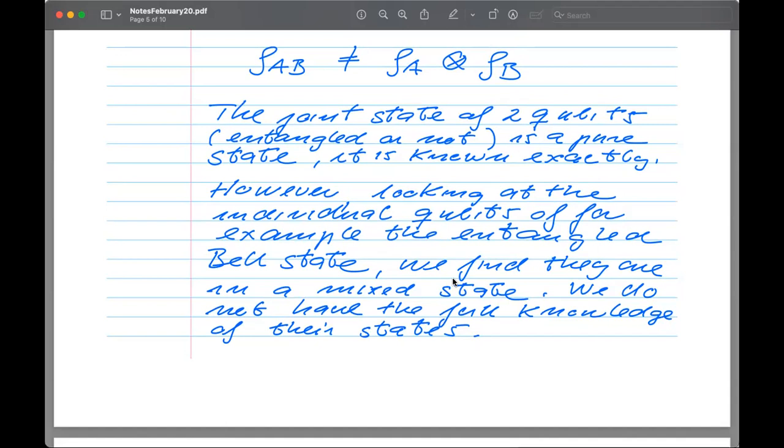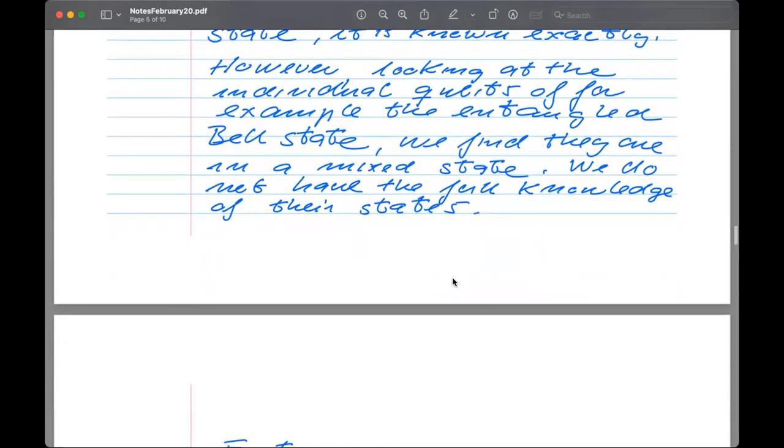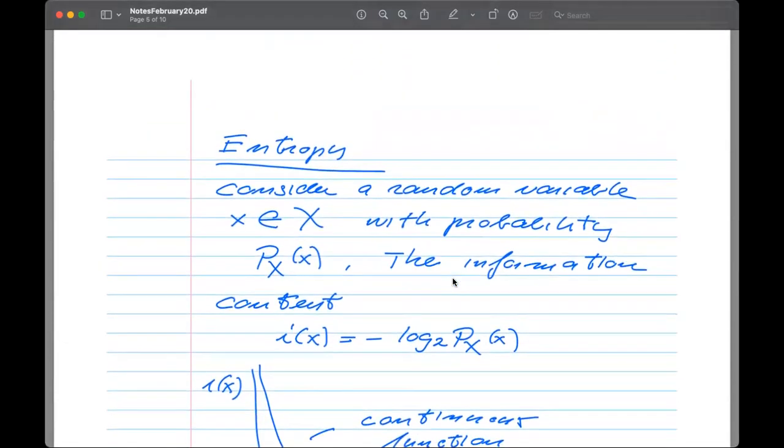And that's why we would define this as a mixed state. If we have a perfect knowledge, then we call this a pure state. So just keep this in mind. We can start with a pure state, but when we trace out the subsystem, it means that the subsystem may not be in a pure state. And in our case, the subsystem is actually a linear combination of qubits 0 and 1, so we cannot specify it exactly in which one of them it was.